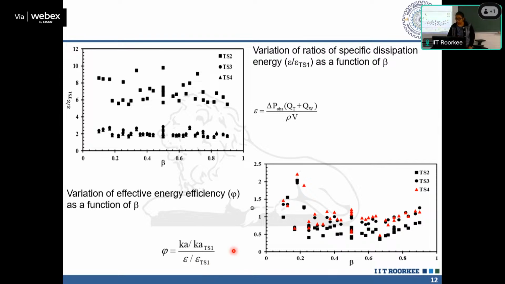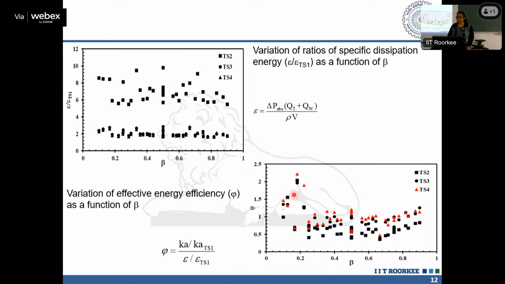In this analysis we observed that TS4 is giving you the highest one. It is not TS2, because in TS2 the energy supplied is not fully utilized to enhance the mass transfer efficiency.